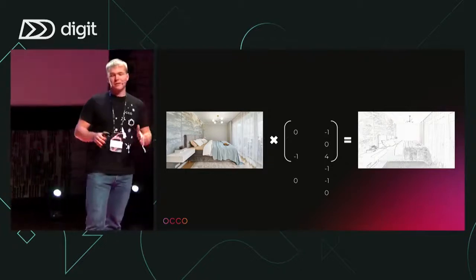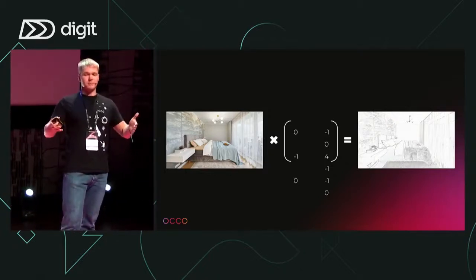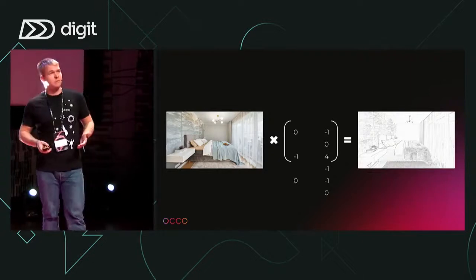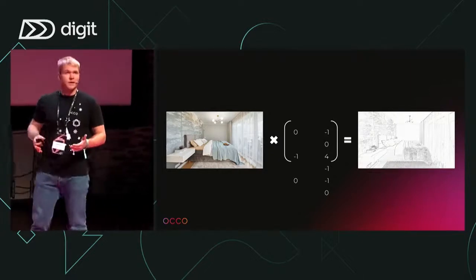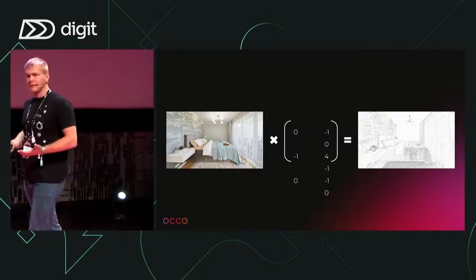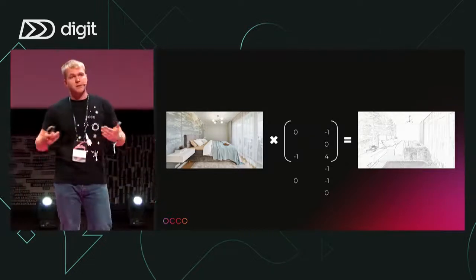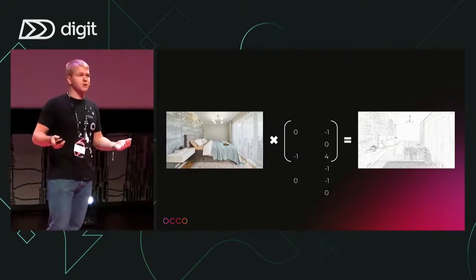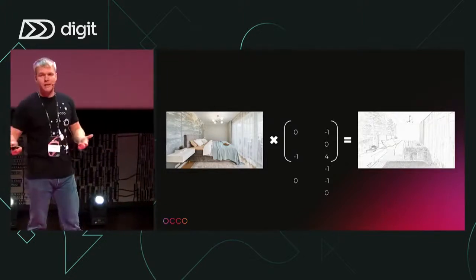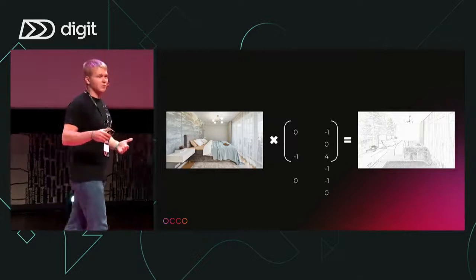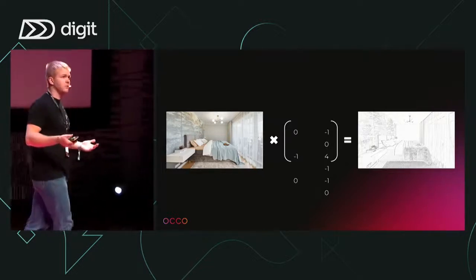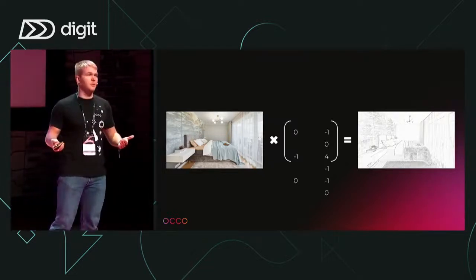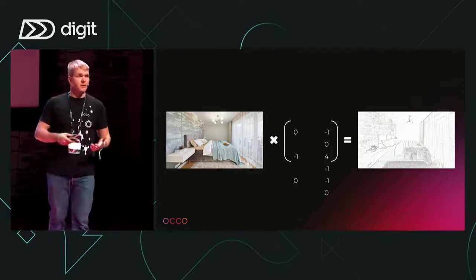What you might have learned in school are matrix multiplications. These are basically actions where you take a grid of numbers and multiply it with another grid of numbers. In computer vision, we call that a convolution. We have some kind of grid, we move it over the image and multiply all the pixels with this grid.